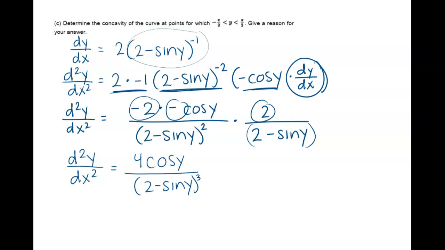And we're looking for when y is between negative pi over 2 and pi over 2. So in terms of the unit circle, so that always helps me. This is pi over 2. This is negative pi over 2. So we're looking in here.